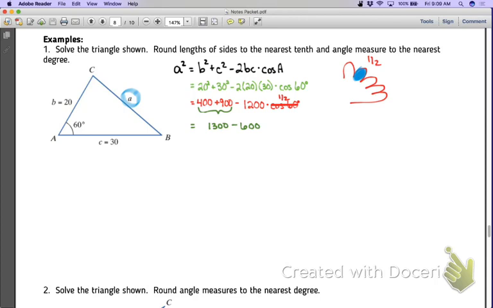Remember, A squared was equal to now 700. Take the square root of both sides. So A is equal to square root of 700, 26.5.